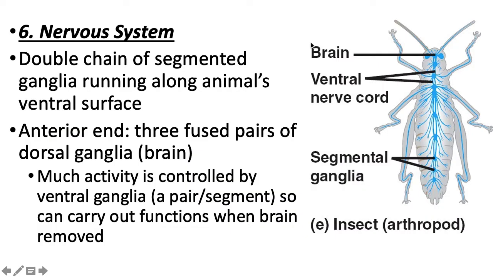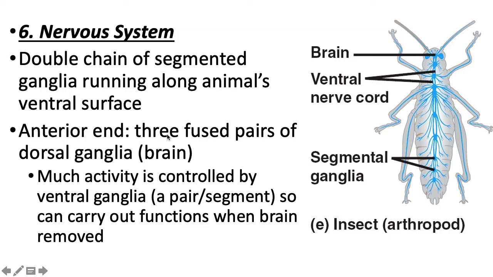Okay, another body plan feature we should discuss is the nervous system. So, brain, but not much, and we still see ganglia, so clusters of nervous tissue, but at the anterior head, we do see three fused pairs of these dorsal ganglia, which constitute the brain.